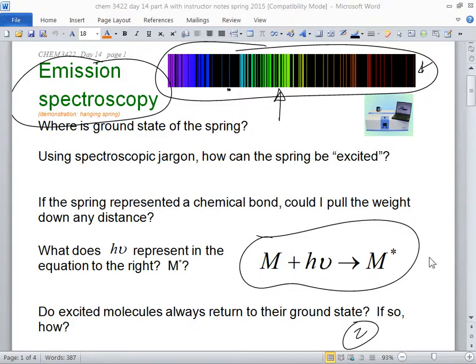do you remember, Andy, what this equation is trying to tell you? Since we're talking about emission spectroscopy, what was that chemical equation trying to tell you? The energy of the photon, which is the h nu part.